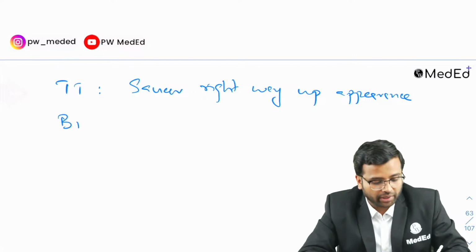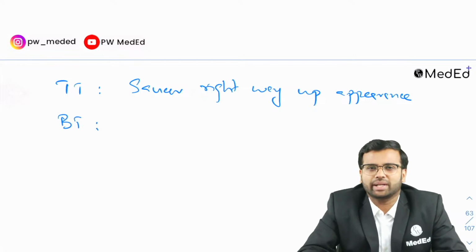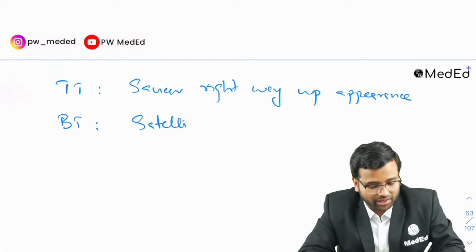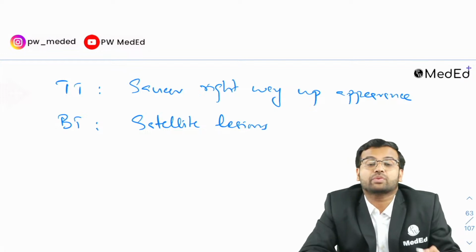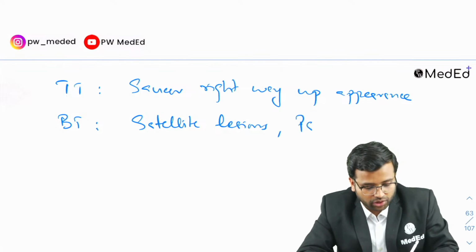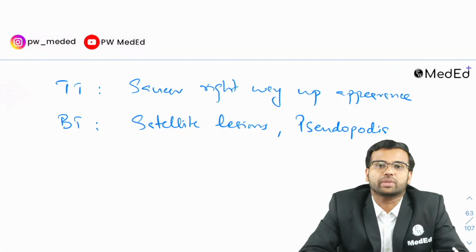Now what will happen if it is BT type? BT is what you answered, where you can see satellite lesions, and sometimes finger-like projections, also called pseudopodia.